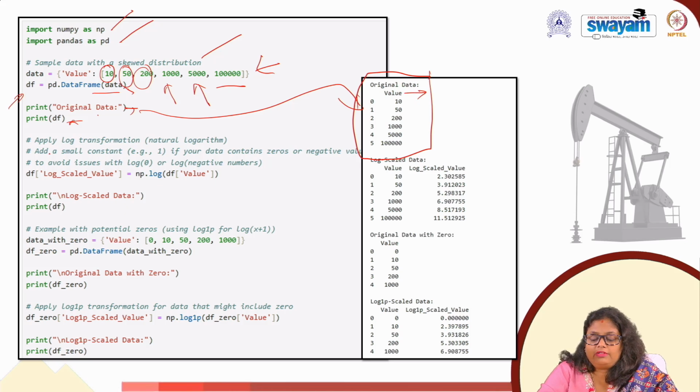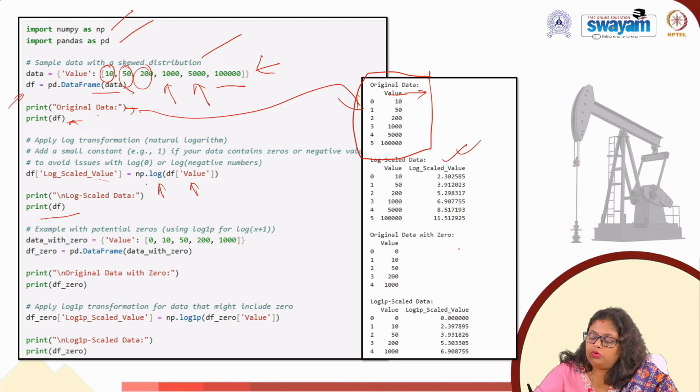Now going to the second one, apply log transformation, natural logarithm. Here I wanted to create one new column, log_scaled_value. So df['log_scaled_value'] equal to np.log, which we are calling, and the column I wanted to pass is the value column. Now print the df.